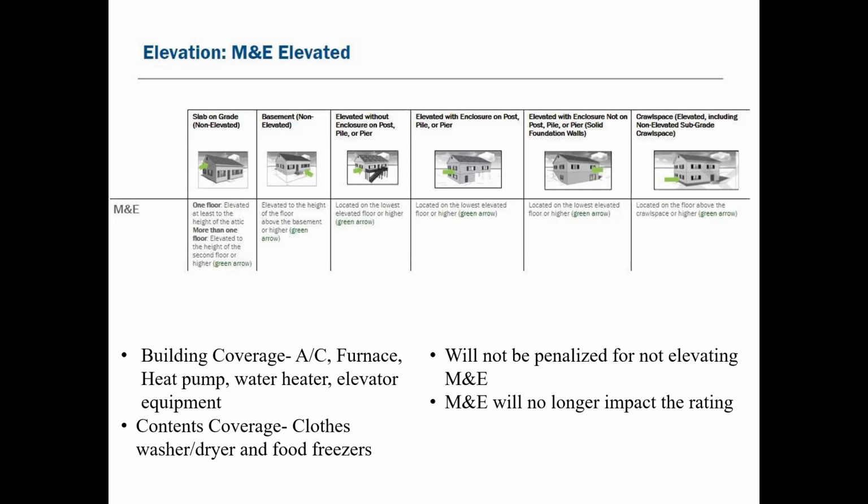So the top graphic shows you where it needs to be elevated to for that discount depending on the type of structure it is. For building coverage and machinery and equipment, it's the AC, furnace, heat pump, water heater, elevator equipment, the things that make it livable. The same thing with contents coverage, it would be clothes washer and dryer, food freezers, and the food in the freezers.